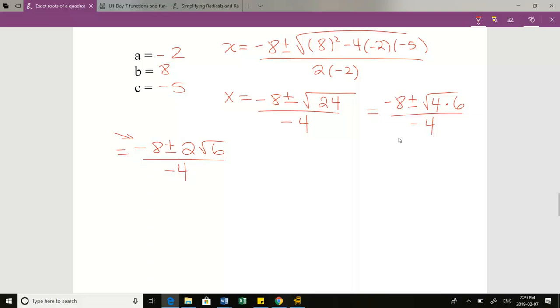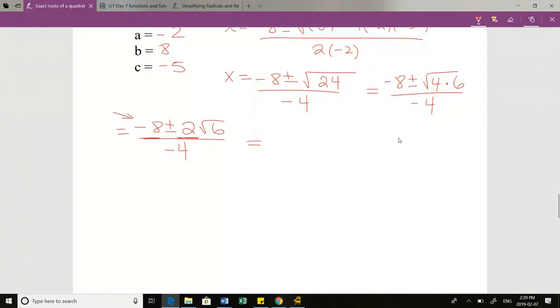So when I common factor here between the negative 8 and the 2, what would I be taking out? A negative 2, yeah. Okay, and I usually only do that when my bottom is also negative, so that I can cancel the negatives. Okay, so the question is, what is left?